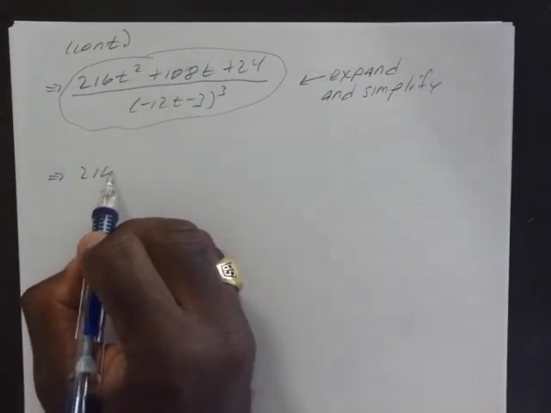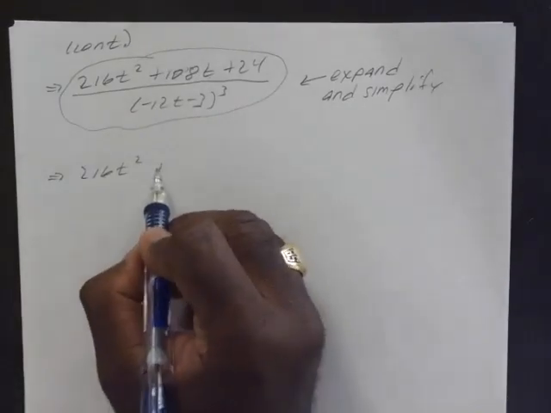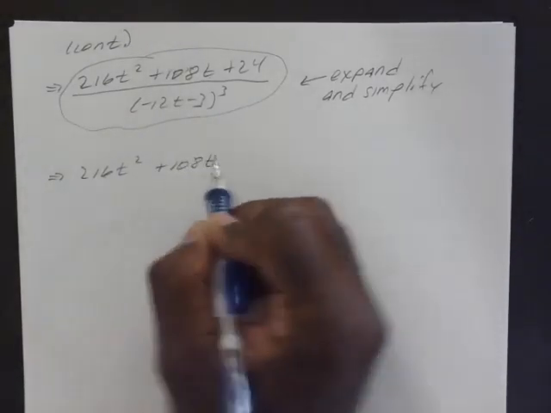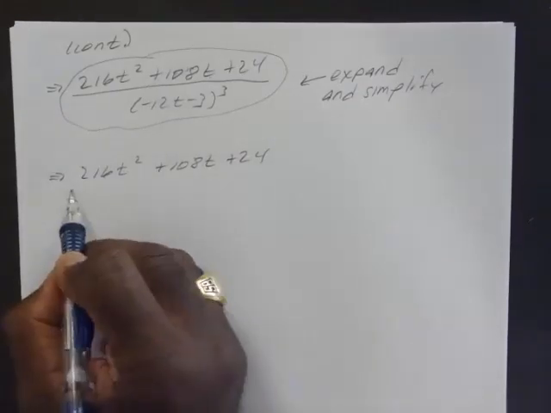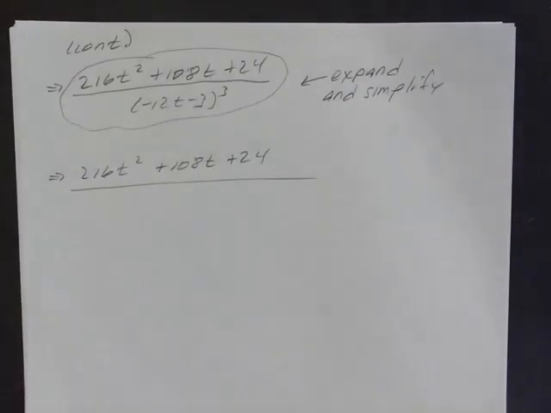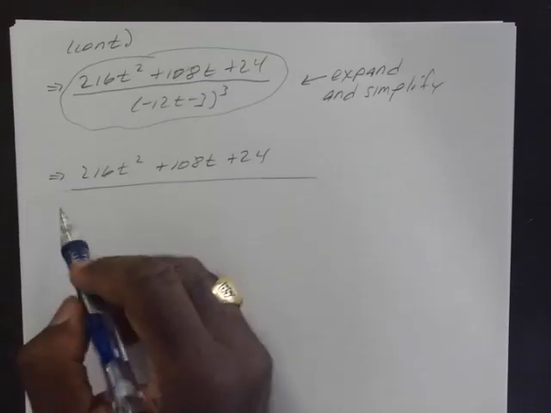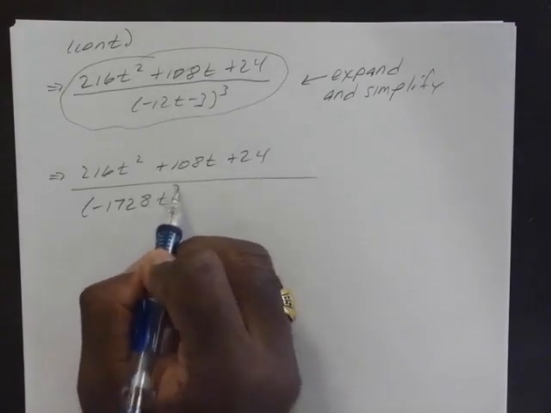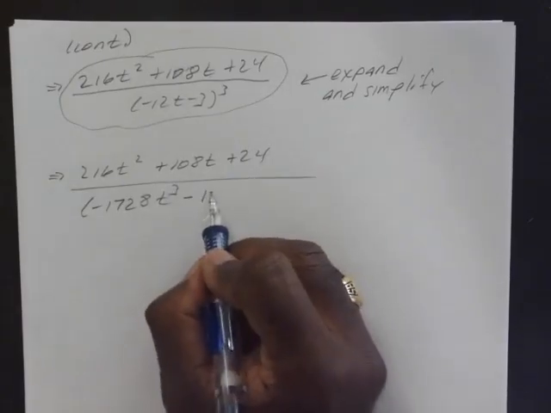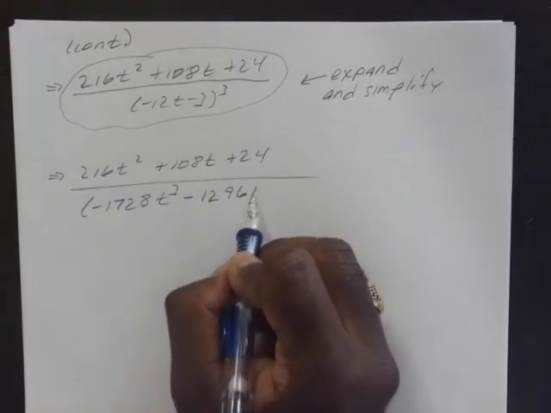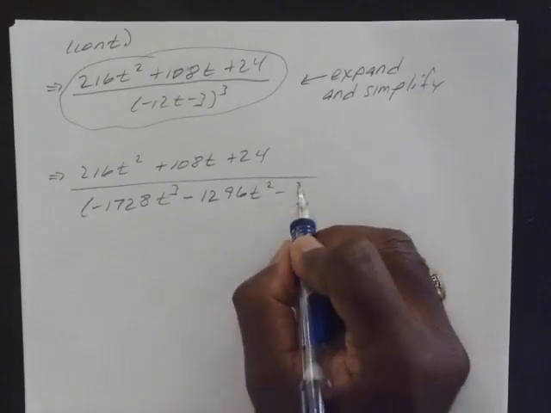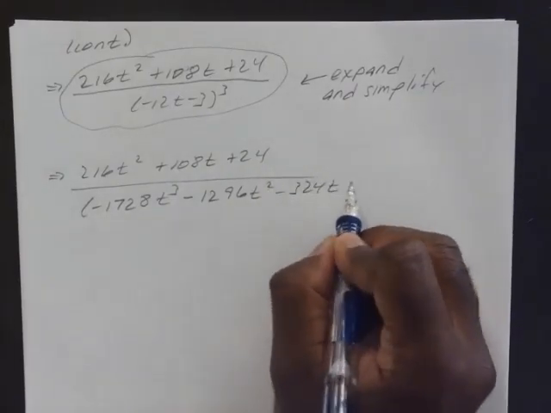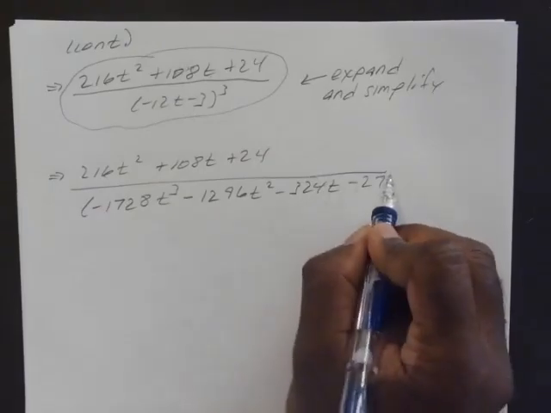Okay, so we have 216t squared plus 108t plus 24 divided by, so we take negative 12t minus 3 times negative 12t minus 3 times negative 12t minus 3, we have negative 1,728t to the third power minus 1,296t squared minus 324t minus 27.